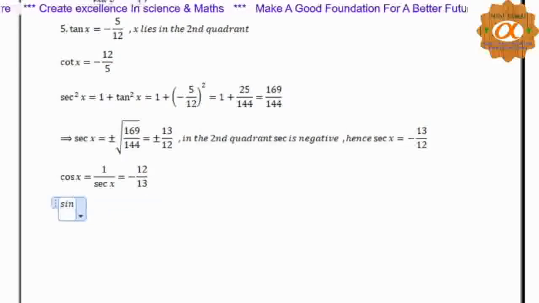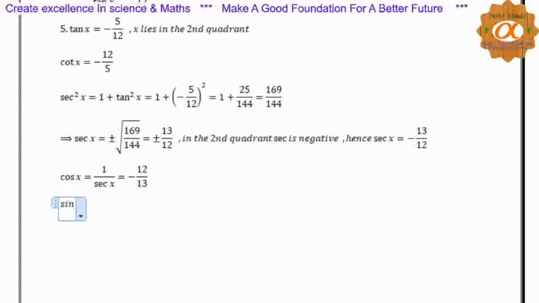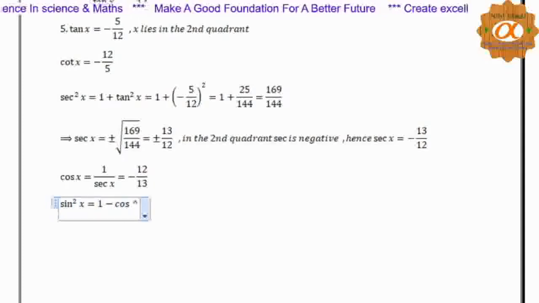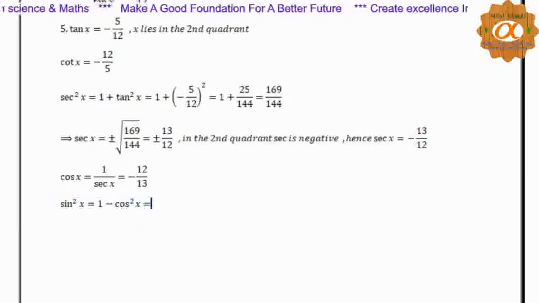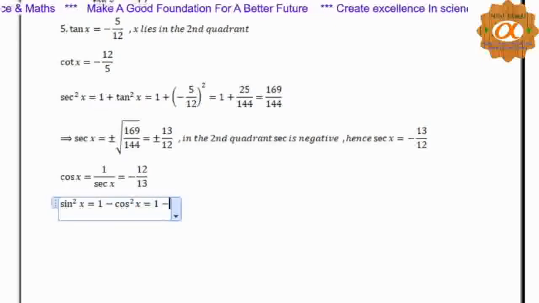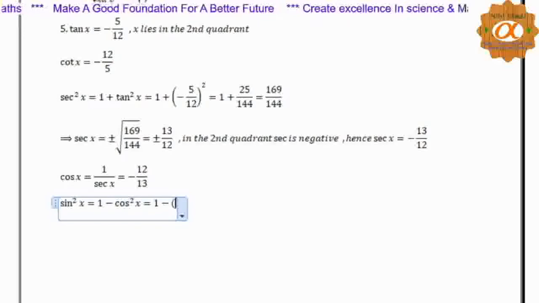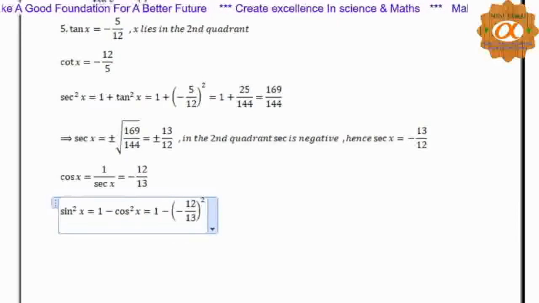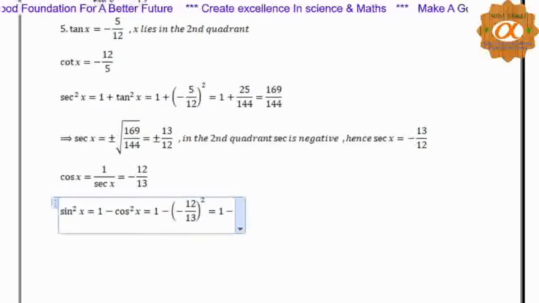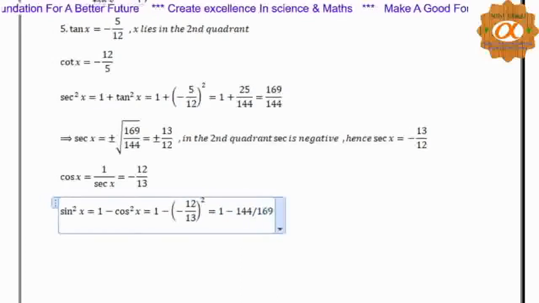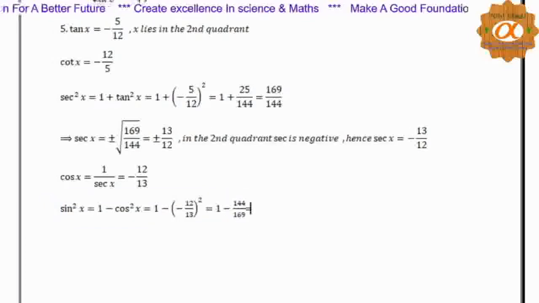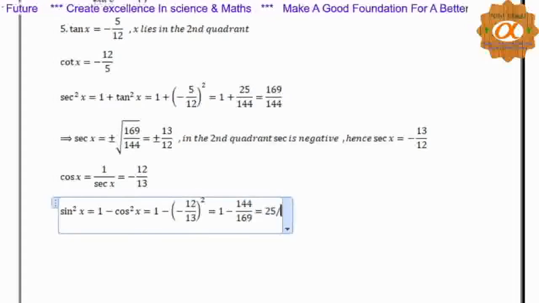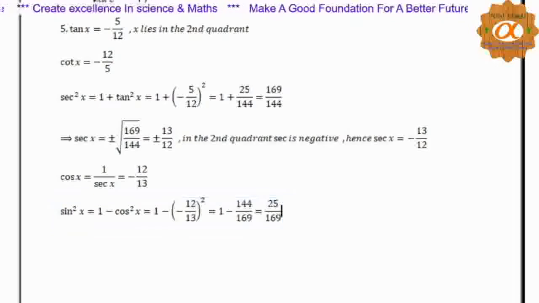That means sin square x is equal to 1 minus cos square x, is equal to 1 minus (12 by 13) whole square, that is equal to 1 minus 144 by 169, that is equal to, after taking LCM, 25 by 169.